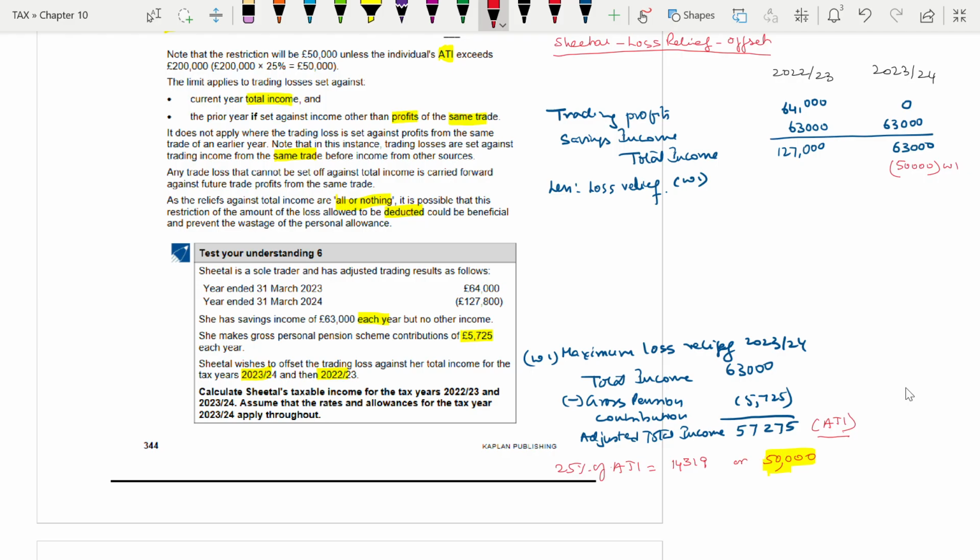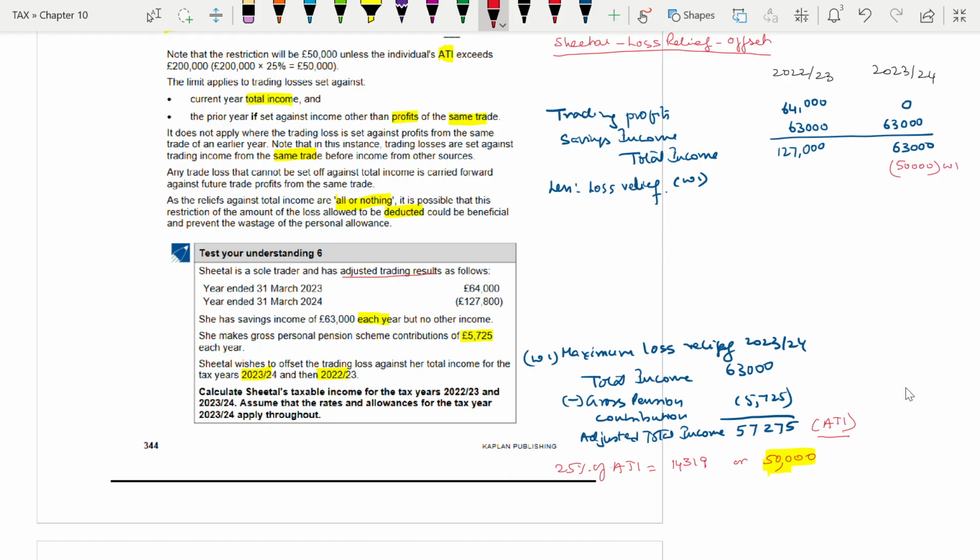Now, what have they said? She makes a gross contribution. She wishes to offset against her total income. Assume that the rates applied throughout. Sole trader adjusted trading results as follows. How much is the loss here? 50,000.